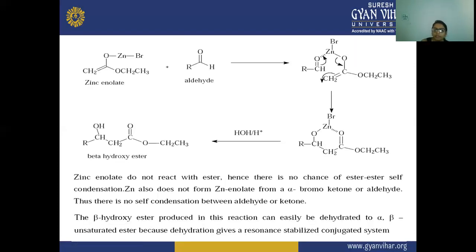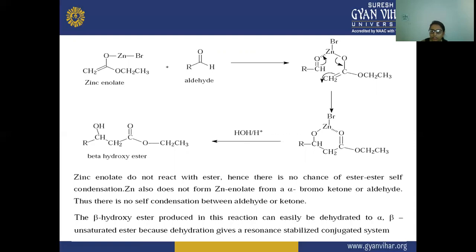Then this zinc enolate, which is a zinc reagent, will react with this aldehyde to form this compound. This is your intermediate, which is then hydrolyzed to form your beta hydroxy ester.